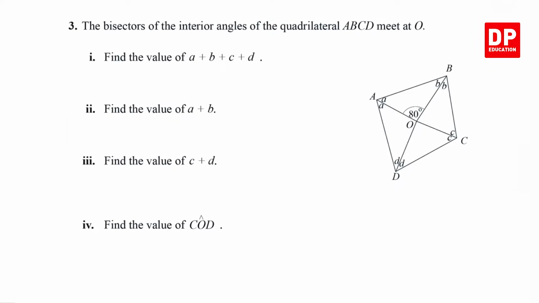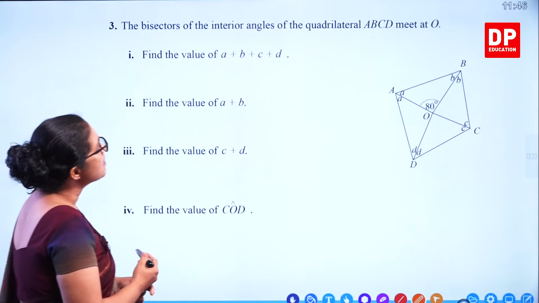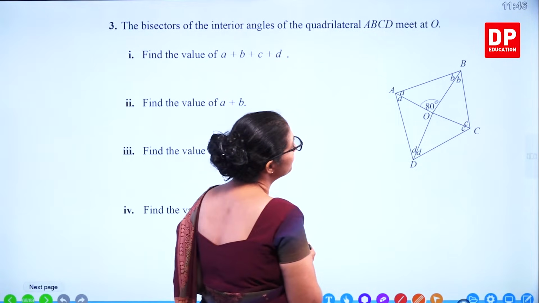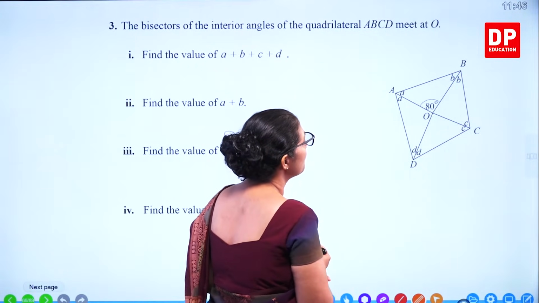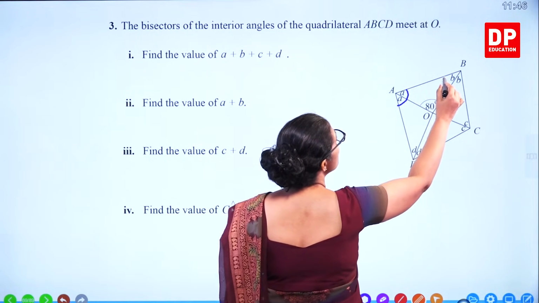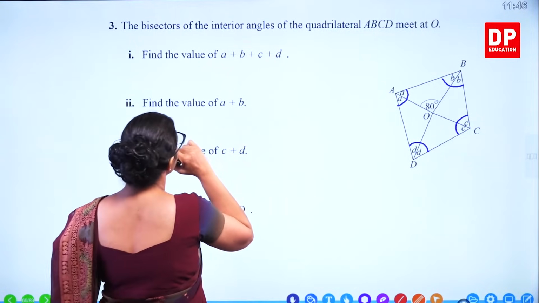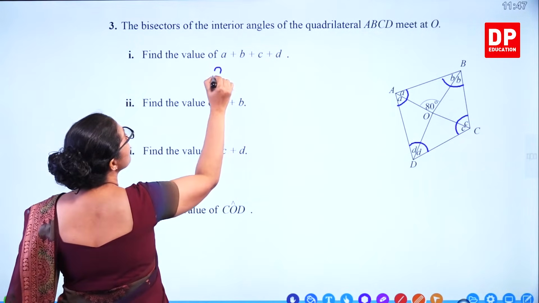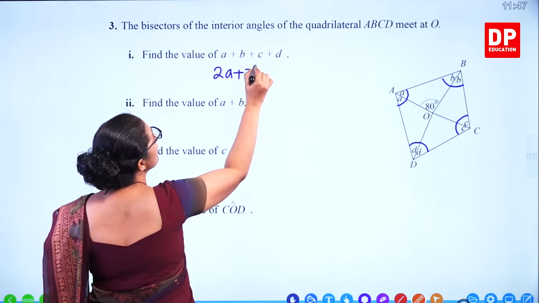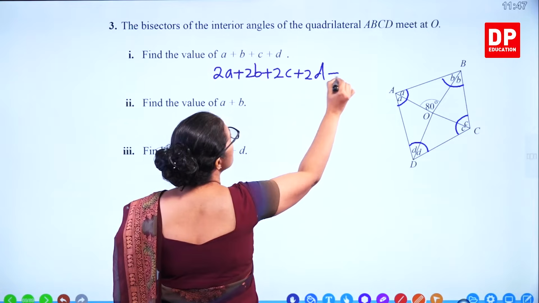The bisectors of the interior angles of the quadrilateral ABCD meet at O. Find the value of A plus B plus C plus D. Here we know that 2A plus 2B plus 2C plus 2D is what?